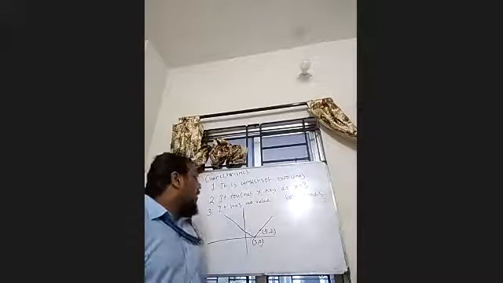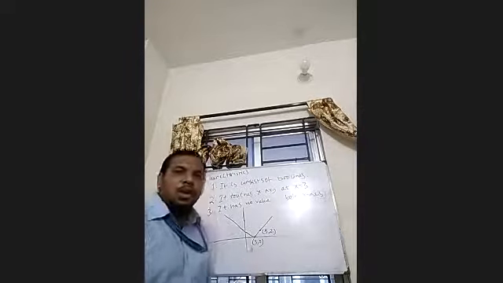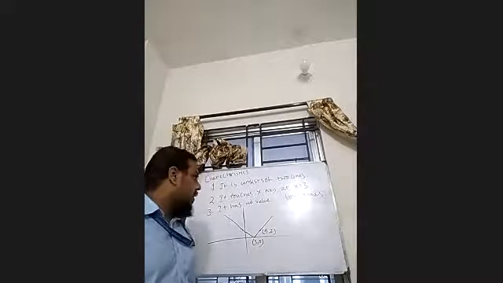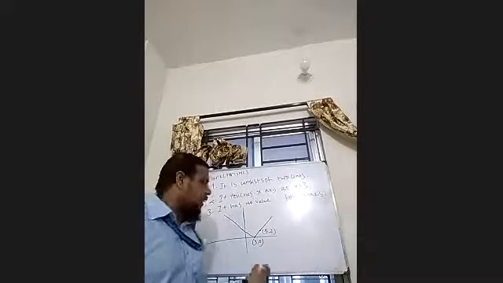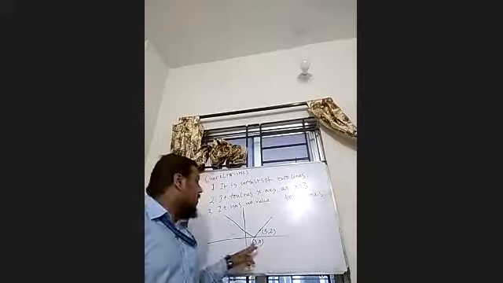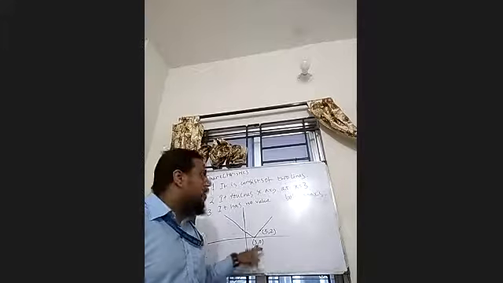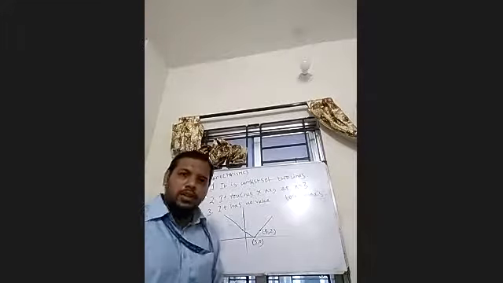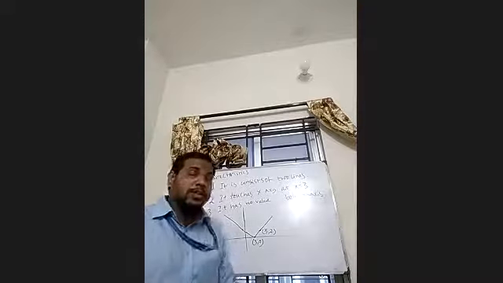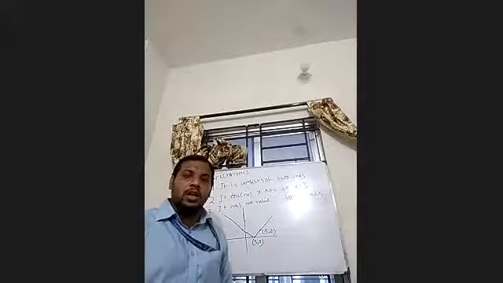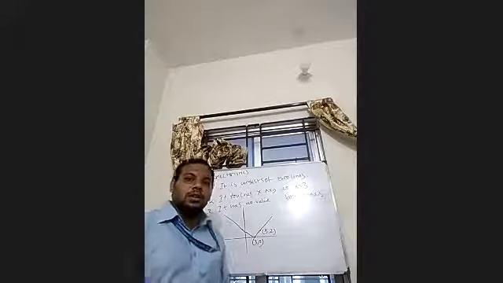And also at which point, at what value of x, it touches the x-axis. So it touches the x-axis when x is equal to 3. We are mentioning it. If it doesn't touch the x-axis, then you have to mention it. It doesn't touch the x-axis.